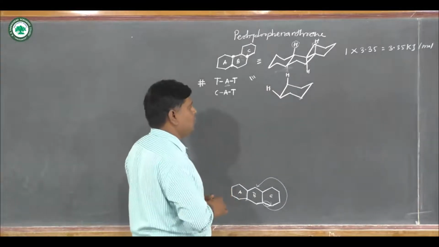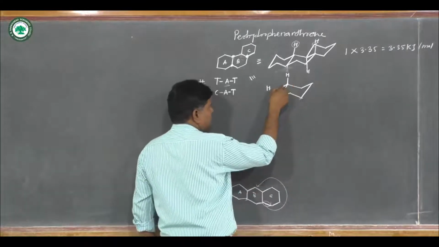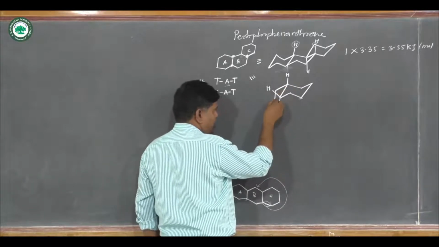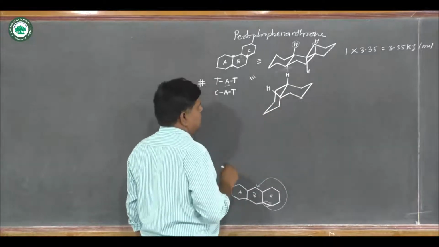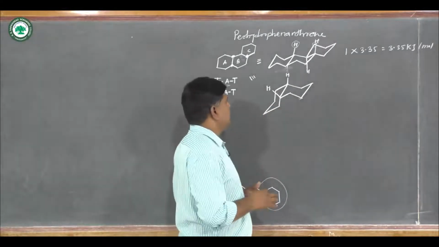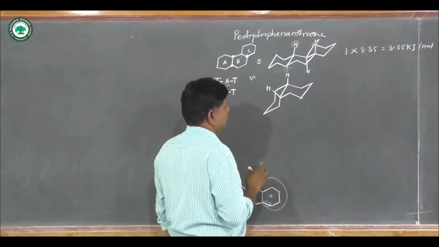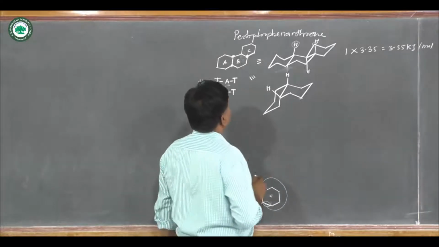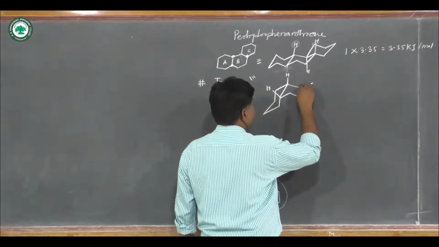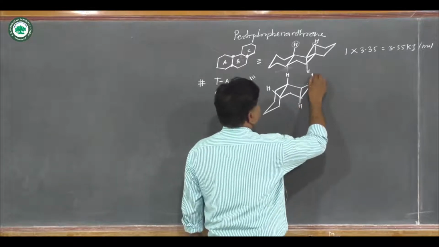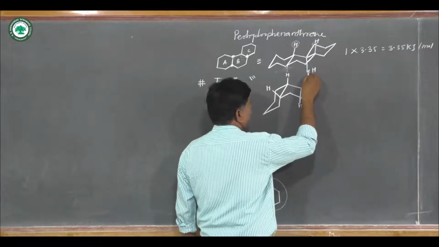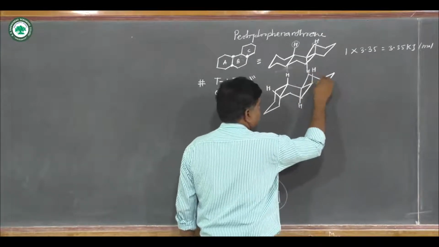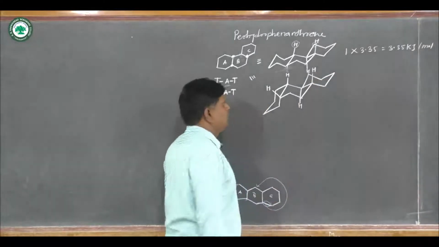And now the remaining 2 bonds on that carbon atom are this one and this one. So you can try to draw a ring from those 2 bonds, and this is somewhat the look of this ring A, which is seen like this. Then next we have ring C, and that ring contains this hydrogen atom at the alpha side and this at the beta side.